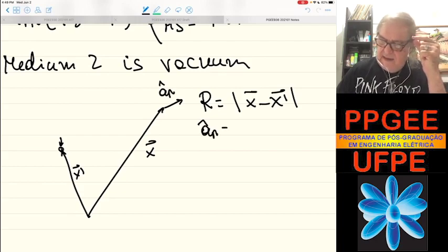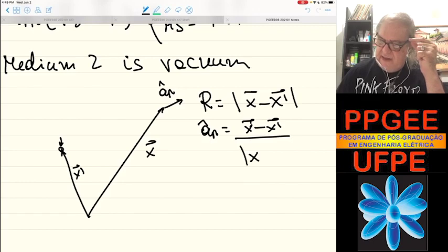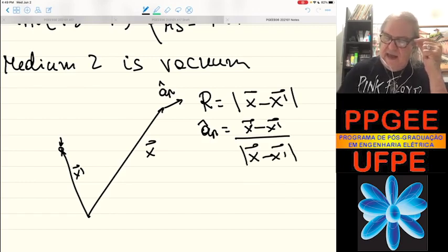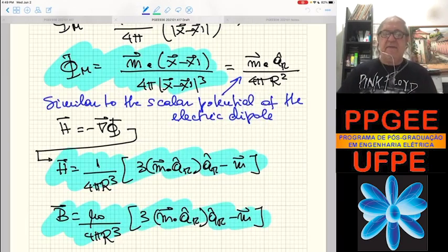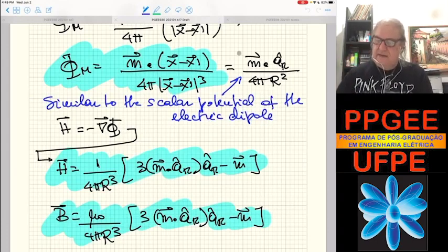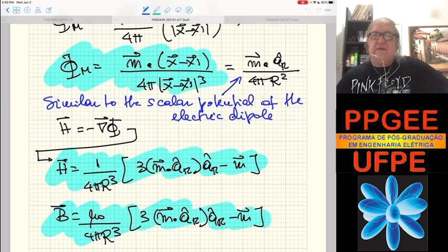And AR equals r divided by its magnitude, which is x minus x prime divided by the magnitude. So that's the behavior of a magnetic dipole, right? A point dipole is going to have a magnetic potential which is similar to the electric potential.